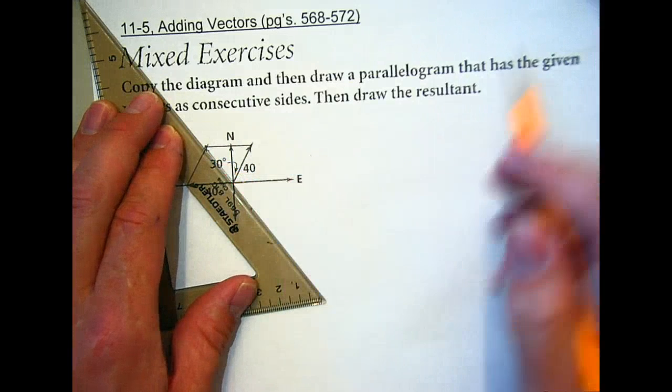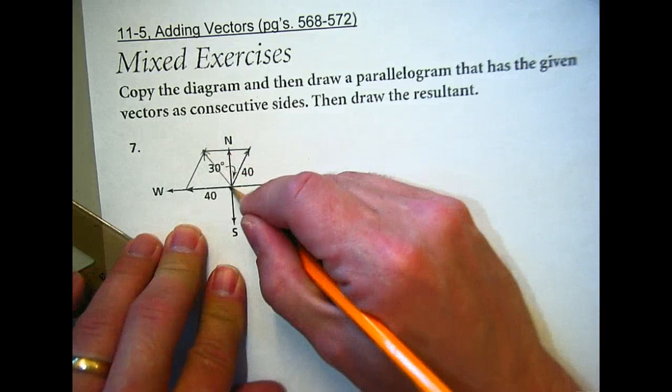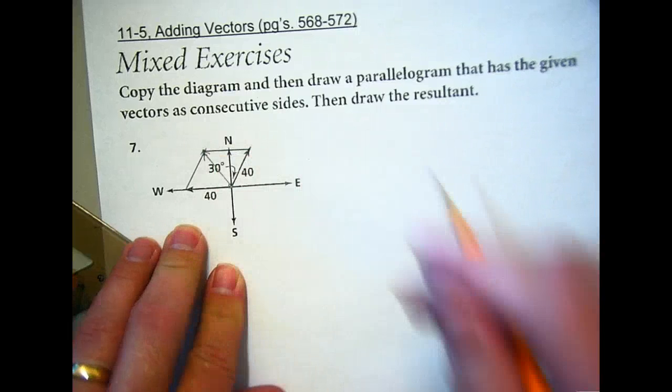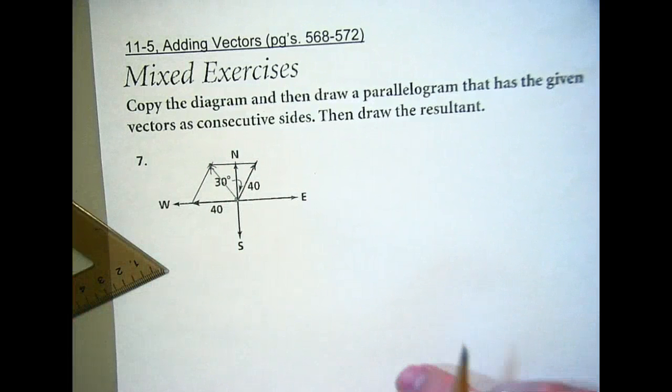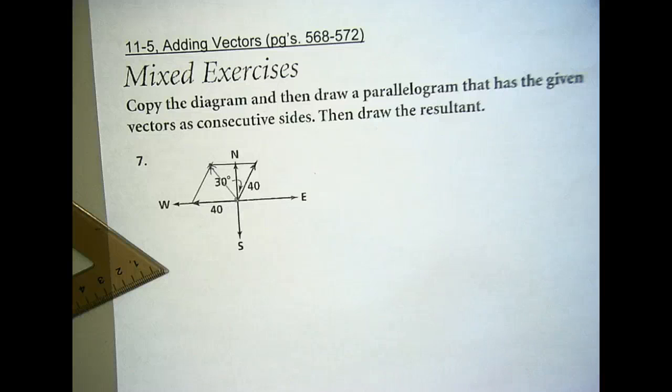It goes from the origin out to where those two meet. This is the line you're trying to draw at the end. Any questions? Nick? That's all you need for that problem. We've done it all.